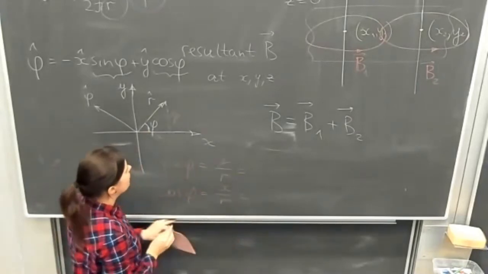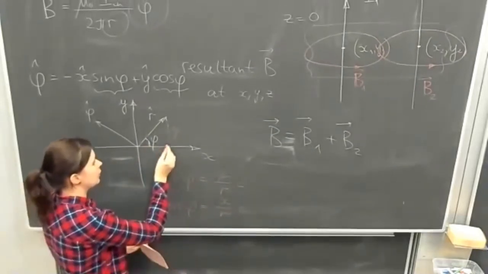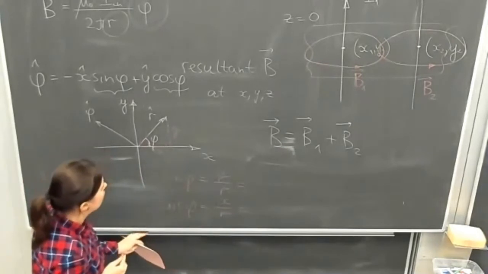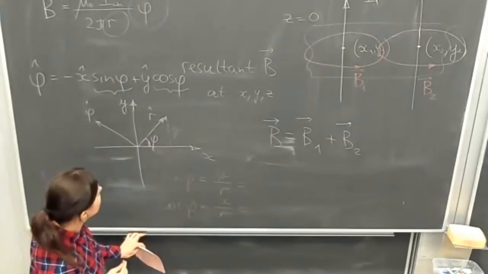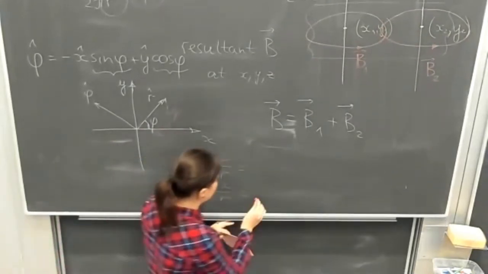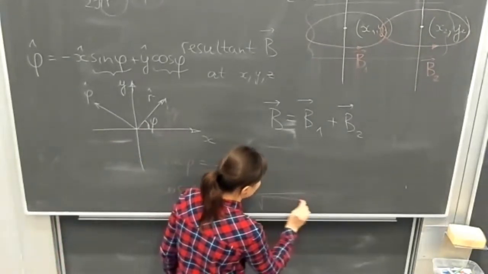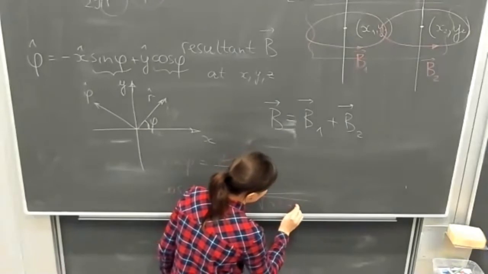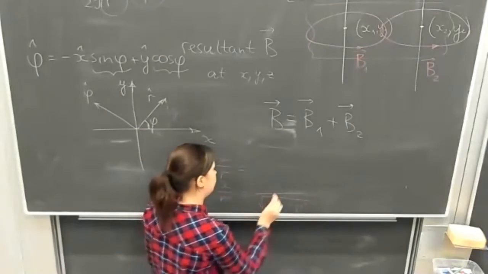For this example, we have a triangle with a 90-degree angle, and for this, r is the square root of x squared plus y squared.